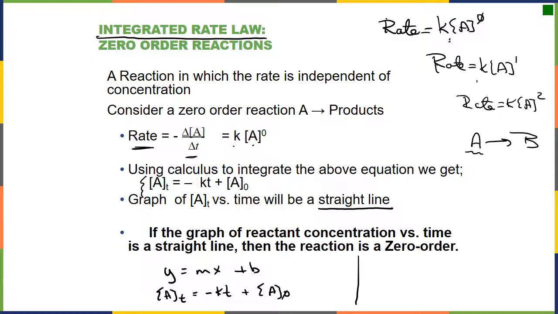So if we graphed this and we put A over here and we put time t over here, we get a straight line with an intercept of A naught. Only if we get a straight line does it tell us that this is a zero order reaction. So we collect our concentrations over time, we graph it, and see what kind of shape we get. So a plot of A versus time giving us a straight line is going to be zero order kinetics.